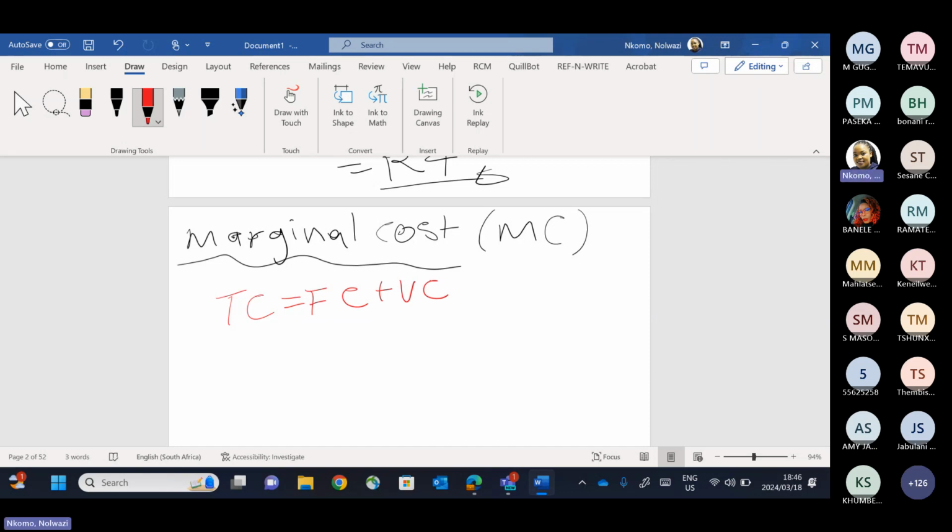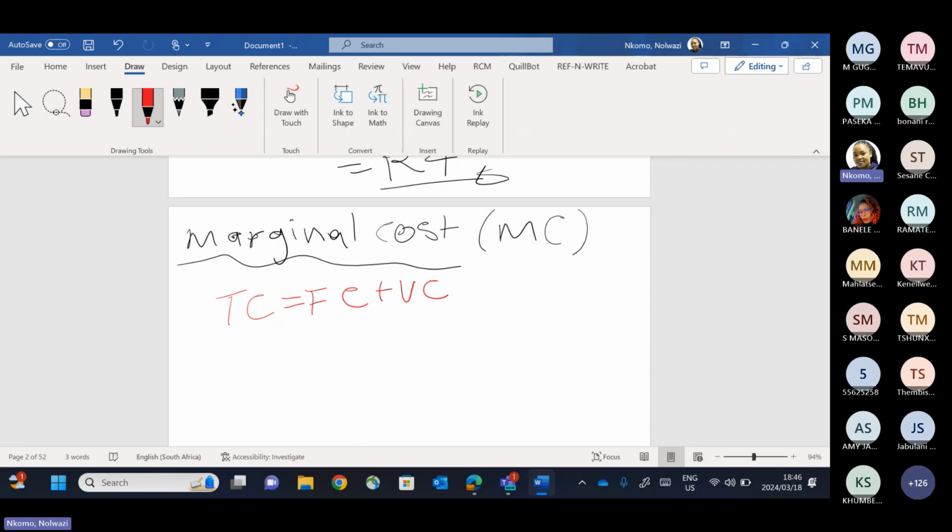The reason I'm going back to the total cost is because if we know the total cost, then we can differentiate it to find the marginal cost.